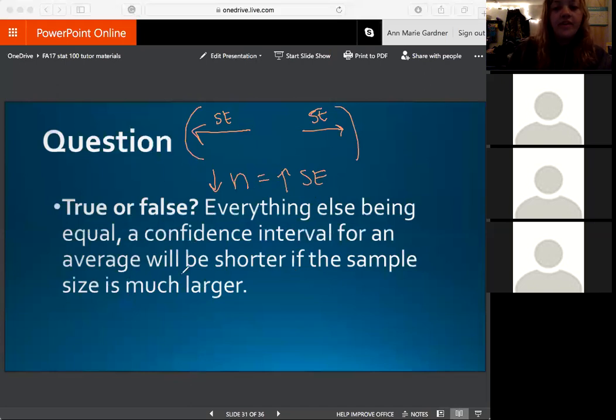And if the sample size is increasing, then our standard error is going to decrease. That means the interval is going to be shorter, because we have a smaller standard error bringing it in a little bit. So does that one make sense? That's true, to recap.